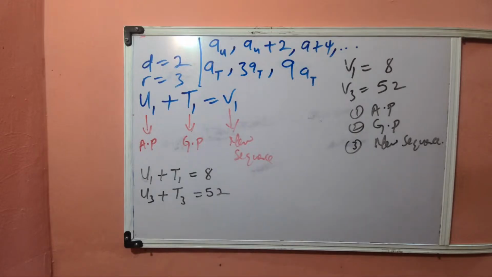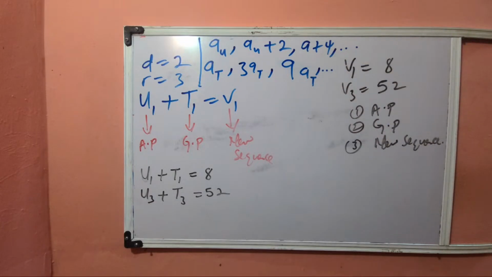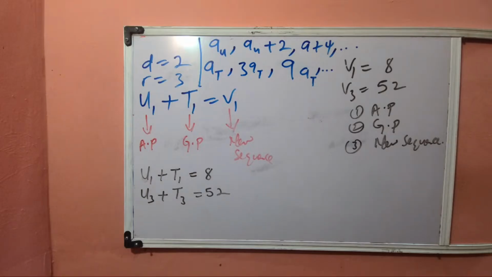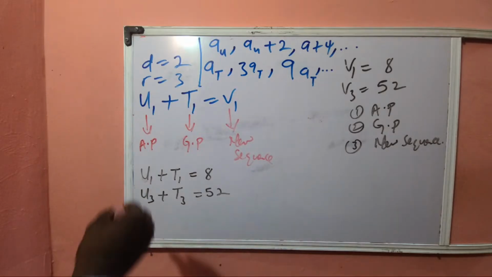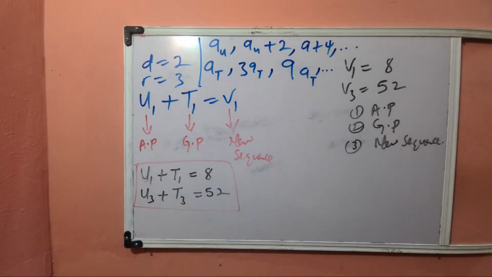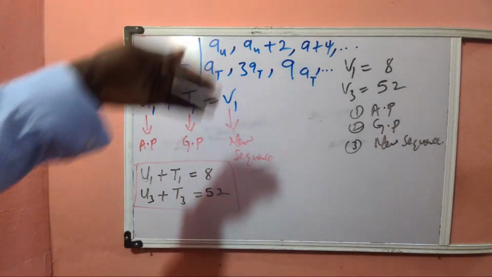Looking nice, right? Looking at all these things, it's quite very simple. You have to just be very patient with what you do. So what I'm trying to bring out here is that I want to use this thing. You see these things I have here, this interesting thing I have here. This is where my solution is going to come out from. So here we're just having U1 plus T1. I want to use the real terms.